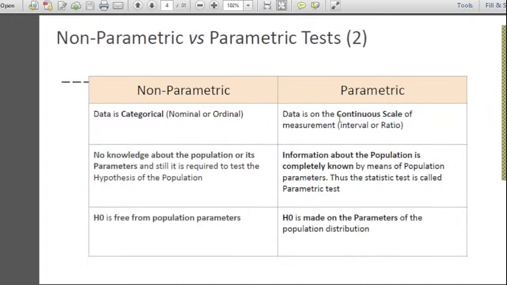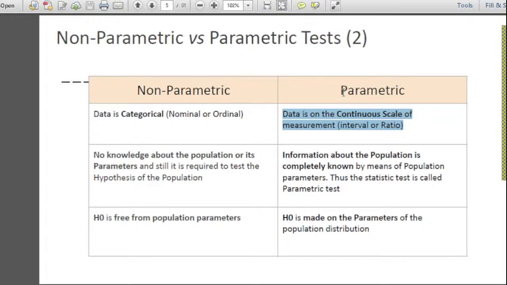Okay, next. For a parametric test, the data is on a continuous scale of measurement, interval or ratio. Clear? For a parametric test, we have data which is on the continuous scale.